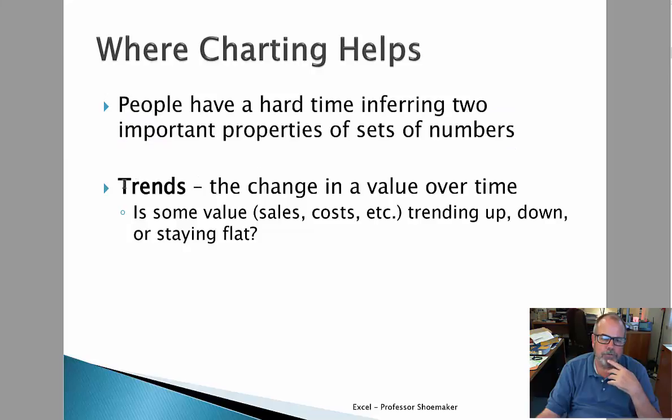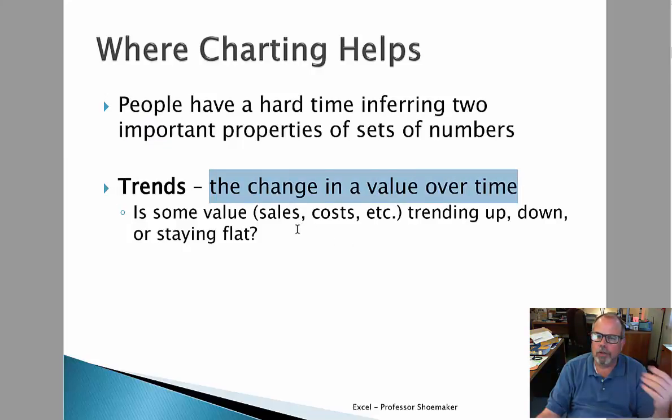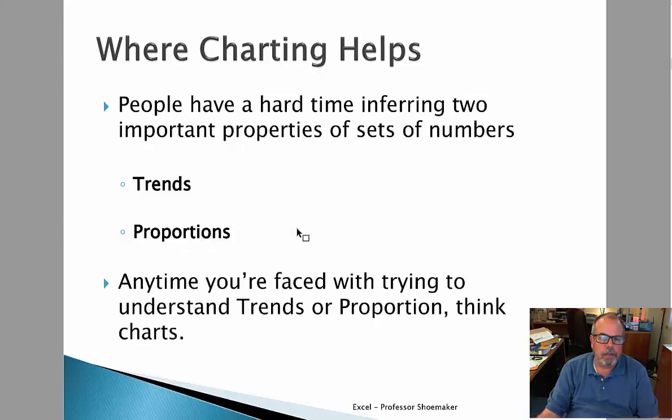The first one is trends. That is the change in value over time in some value, like sales or costs or customer visits. Managers want to know, are our sales trending up, trending down, staying flat? So anytime there's a trend, a change in value over time, you should be thinking, oh, I'll draw a chart for that data.